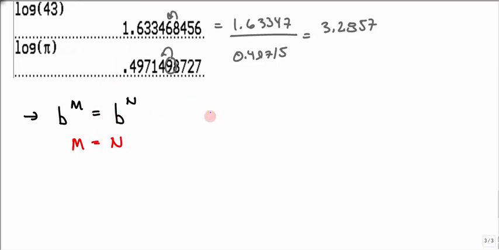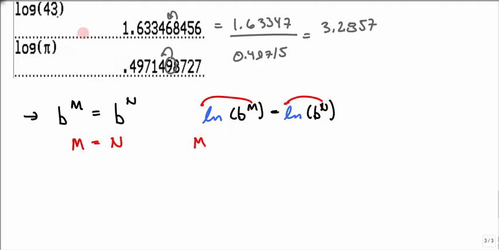What actually ends up happening here is I take the natural log of both sides. So I have the natural log of b to the m equals natural log of b to the n. Now remember, with these exponents I can pull them out front. So I'd have m natural log b equals n natural log b. And then we could divide both sides through by natural log of b.